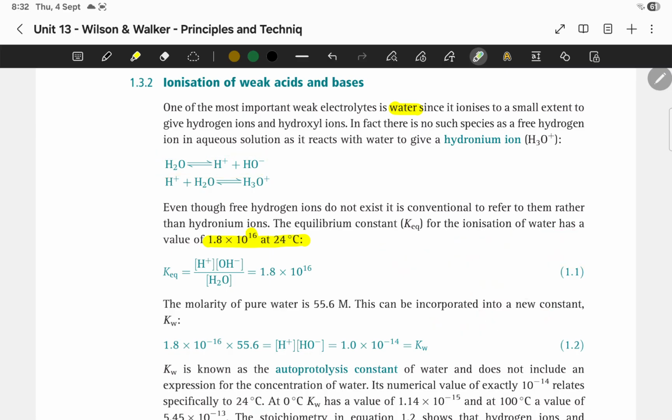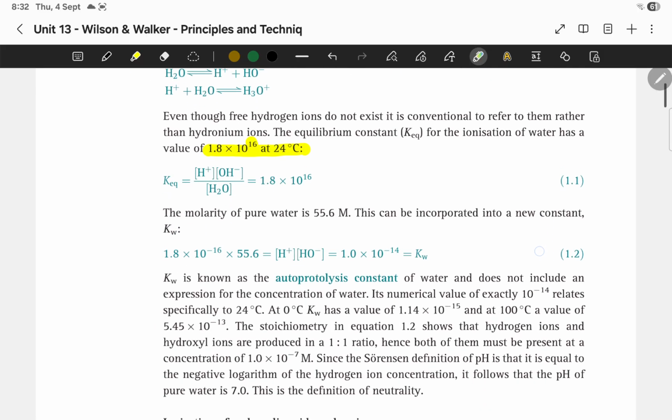What unit? No unit, concentration upon concentration has no units. The molarity of pure water is 55.6. It can be incorporated into a new constant, Kw. So we are multiplying K equilibrium into molarity to give Kw.